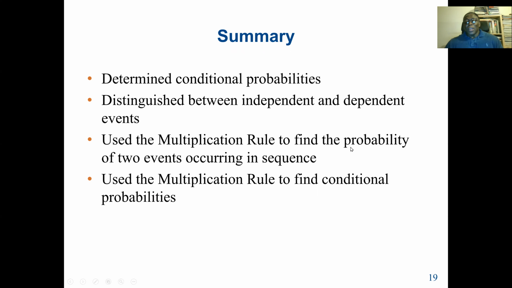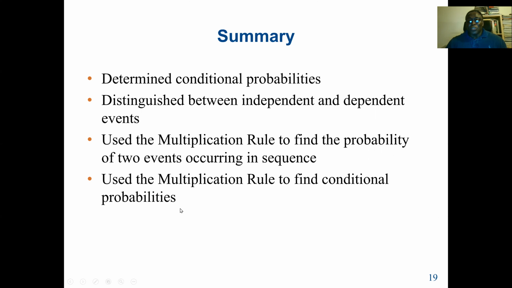So we can apply probability of A given B using dependent events. Independent event, no. Use multiplication rule to find probability. If the events are independent, then the multiplication will say probability of A times probability of B times probability of C. We also use the multiplication rule to find conditional probabilities.